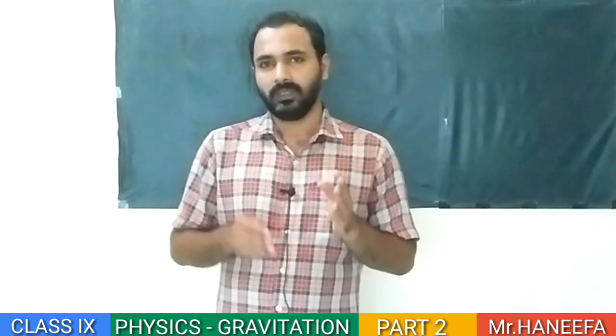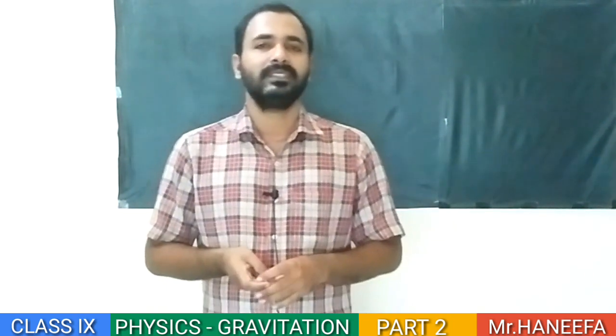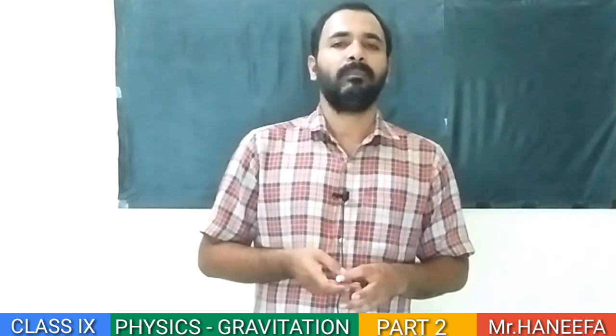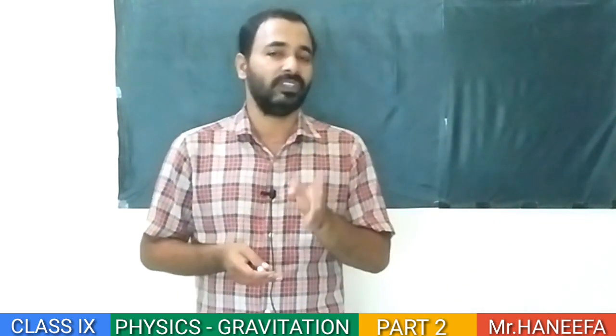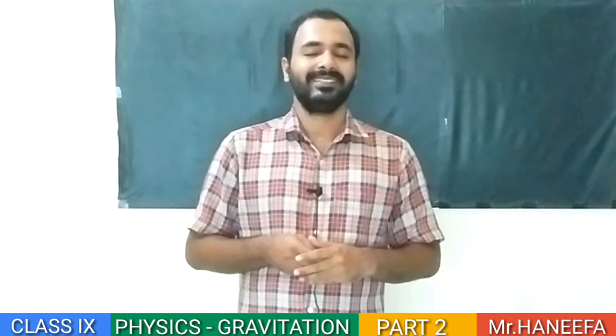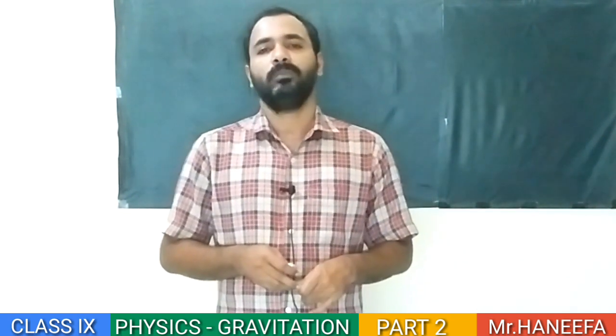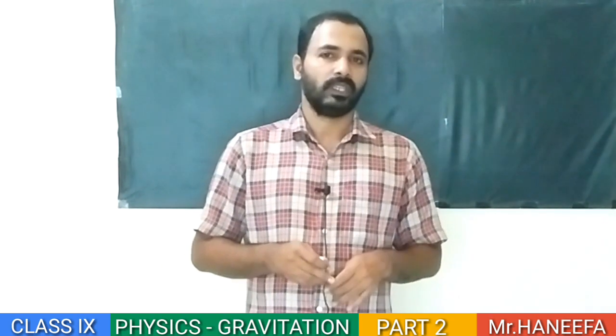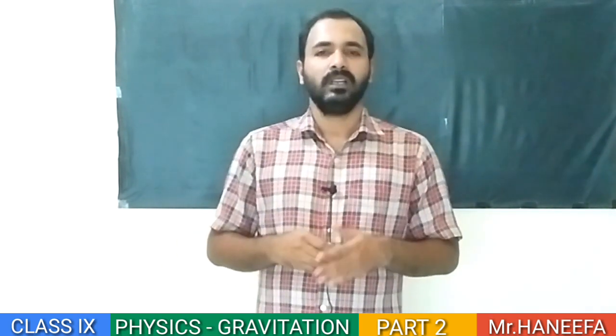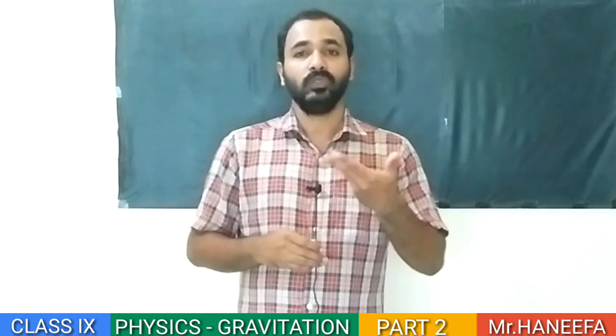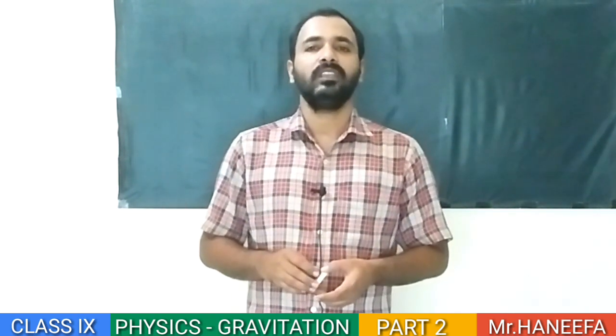What is the second law? The rate of change of momentum is directly proportional to the applied external force, F equal to ma. What is the third law? To every action there is an equal and opposite reaction. Okay. Using these concepts, we can explain a new term called free fall.